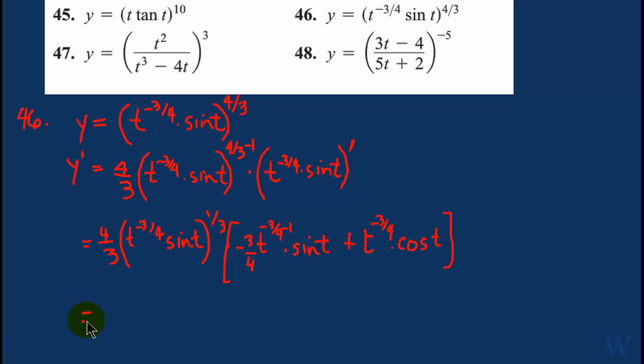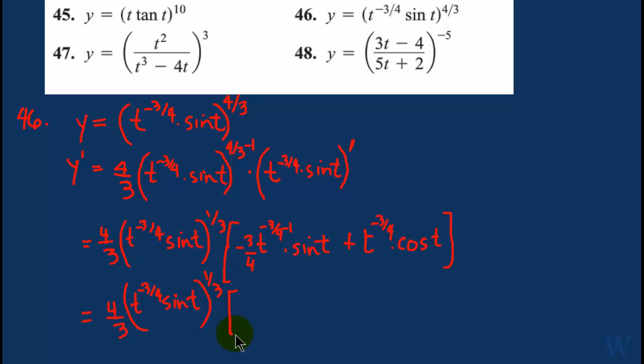And that's equal to 4/3 t to the negative 3/4 sine t, whole thing raised to the 1/3. And if you notice, these actually cancel out each other. Well, no, not really, because it's a sum.